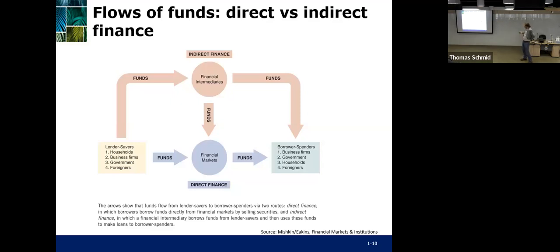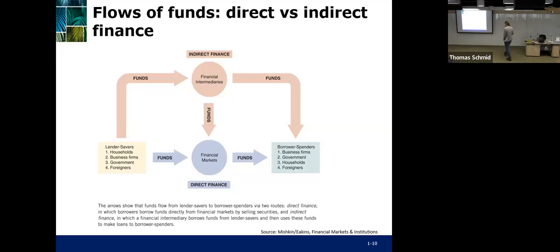What do you guess? What is more important, indirect or direct finance? How is more money flowing? Indirect or direct? Who thinks indirect? Who believes direct? Yeah, indirect. Many times more important.